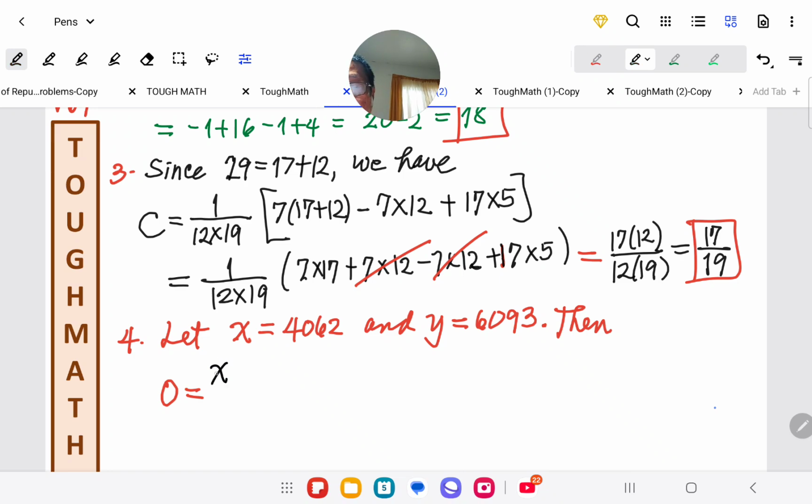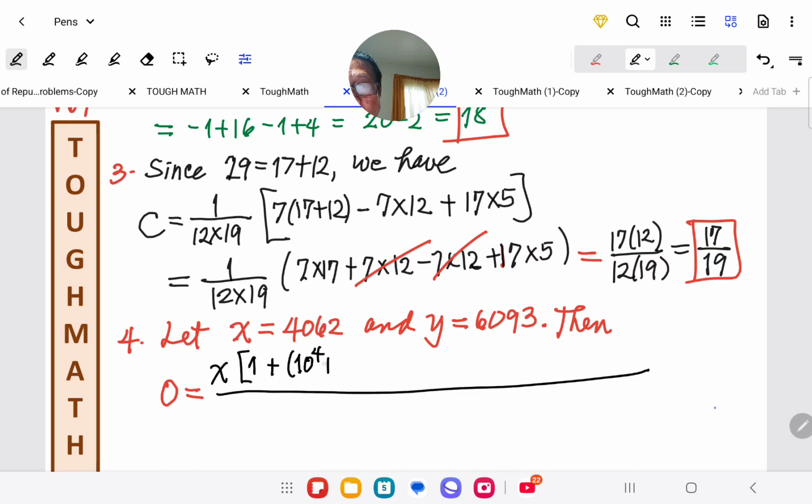Okay, there's an x here. And then we have 1 for the first 4062, and then for the repeated 4062, that would be 10 to the 4th plus 1.